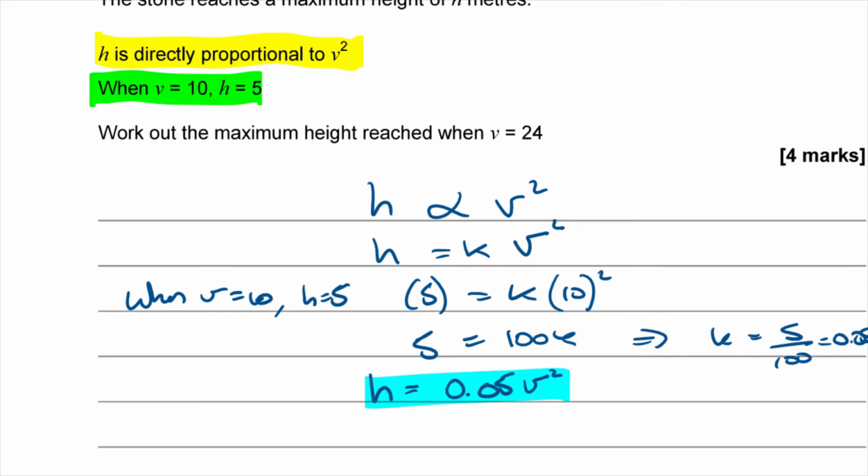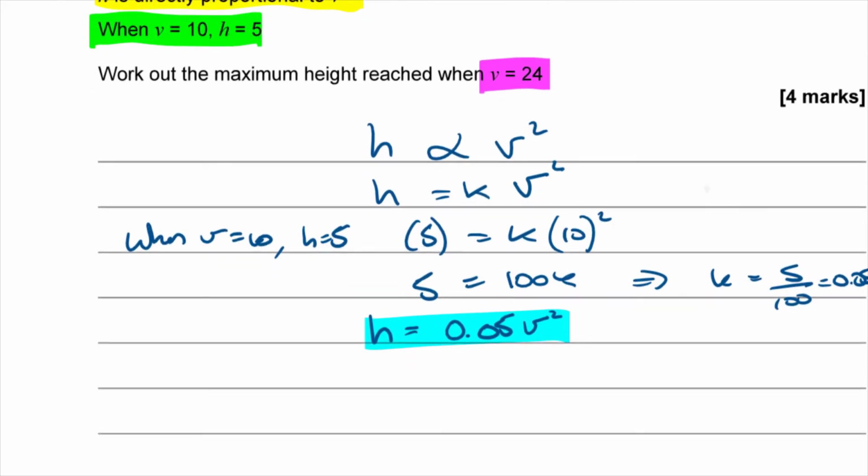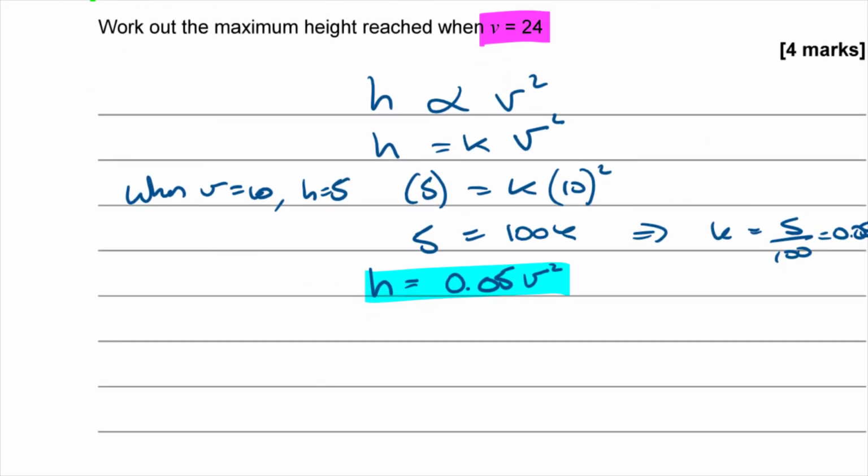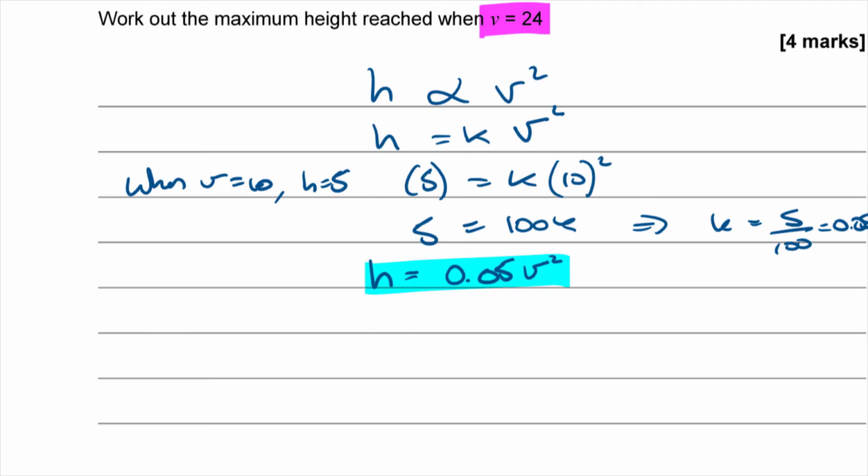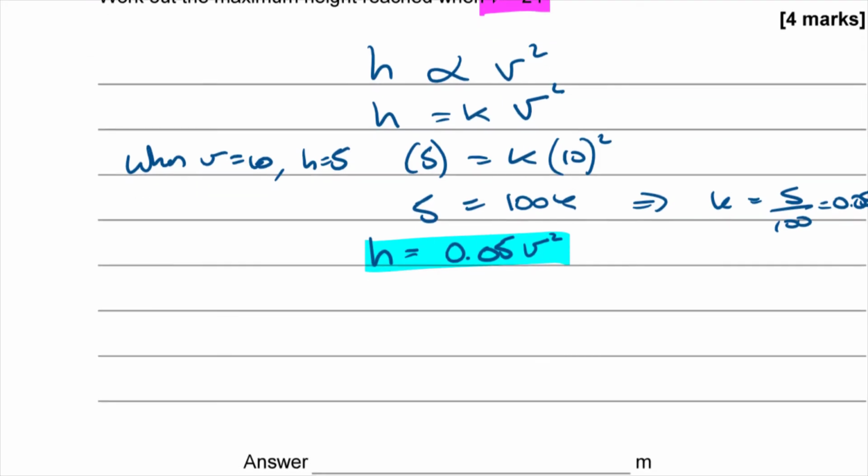So the last part of the question then says work out the maximum height reached when V is 24. So we don't have to work out the maximum height. All we've got to do is sub in the value V is equal to 24 into this equation and work out what the answer is. So that's what we're going to do. When V equals 24, then H is going to be 0.05 times 24 squared.